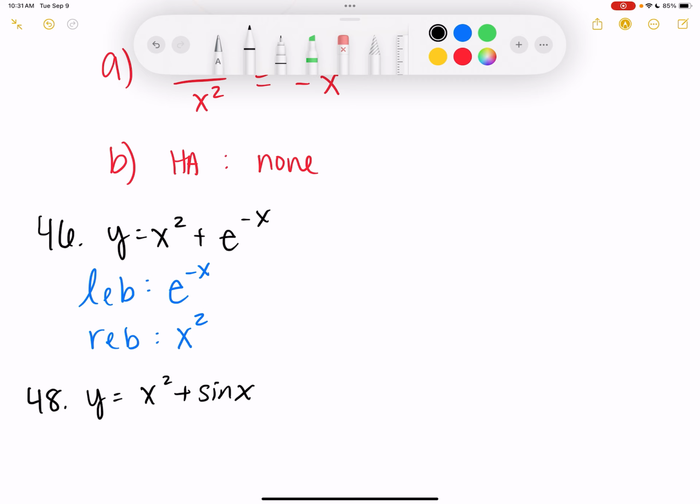This is a weird one where both the left and the right end behavior are just x squared, because sine's just repeating, it's not going to change anything really. So that's why it's still just x squared on this one. If it's a logarithm, it could also be the same thing. Obviously you just have to look at the graph and see, but this one happens to be that they're both the same.